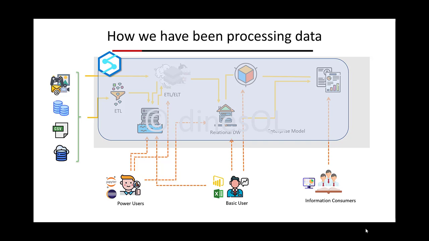If you have a requirement for a data warehouse solution, you can use Azure Synapse. If you have a requirement for a big data solution, you can use Azure Synapse. If you have a requirement for machine learning or data science, you can use Azure Synapse. Basically, it is a combination of everything you have used for implementing your data solution.